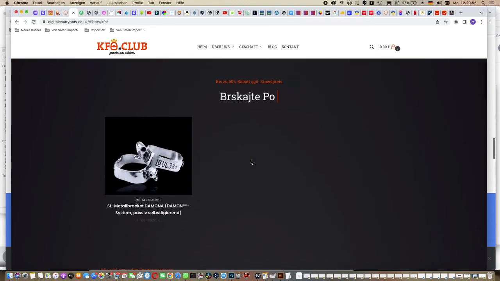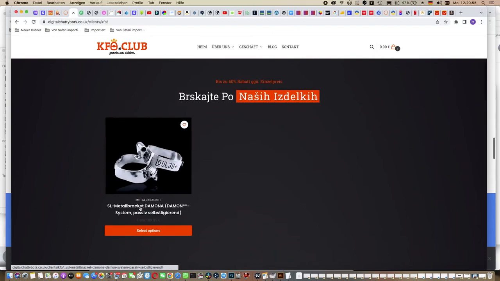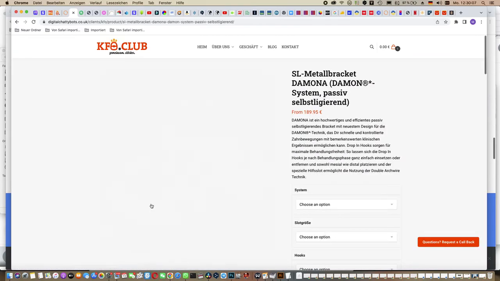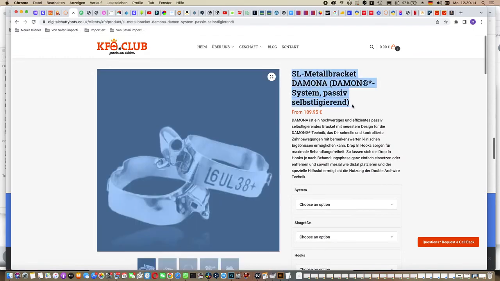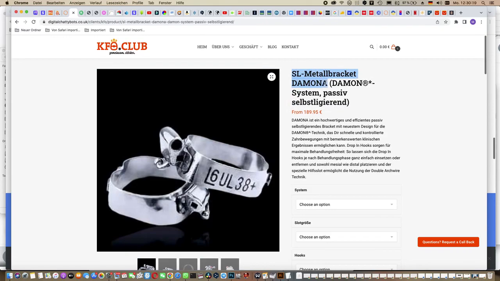I don't know if in general it is possible to style this. Let me click on it, then it's easier for me to explain what I mean. This is obviously the name of the product, and it consists of two parts: this is the name of the bracket, and this is what you can use it for.